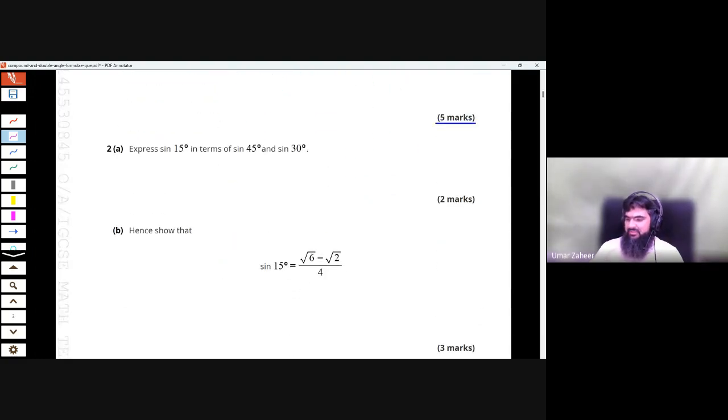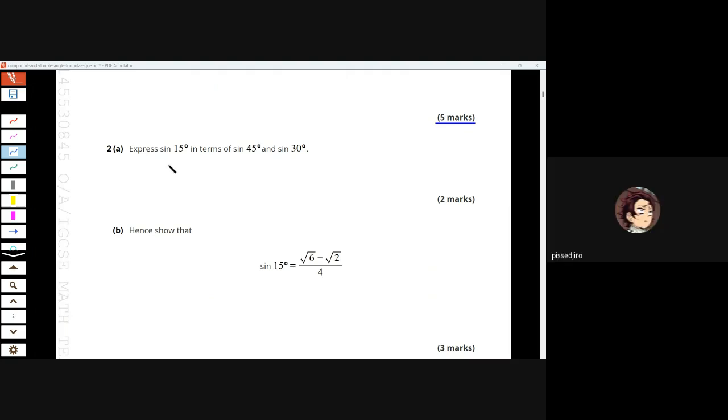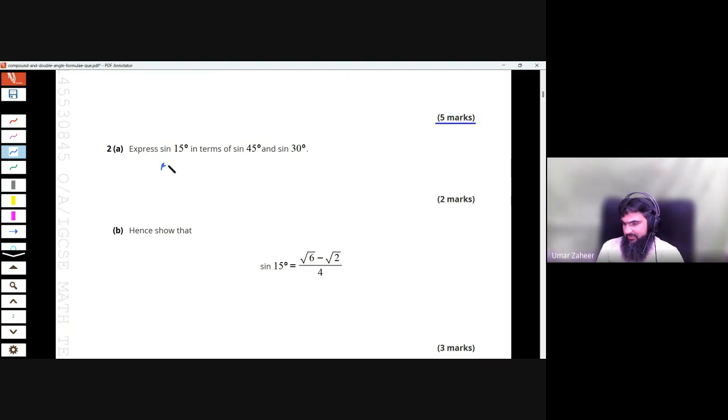In the next part, it says to express sine 15 in terms of sine 45 and 30. So we can easily find that 15 is 45 minus 30, right? So we can write sine 15 is equal to sine of 45 minus 30. Look here, we have to use the identity.